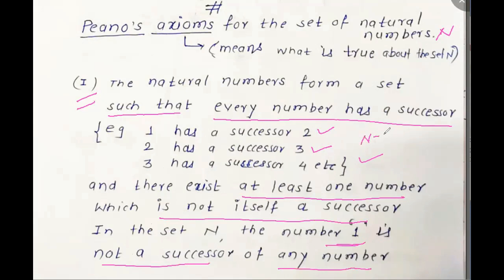Because the set of natural numbers begins with 1. 1 has a successor, 2, 2 has a successor, 3, 3 has a successor, 4. But 1 is not a successor of any number. This is Peano's first axiom for the set of natural numbers: every number in N has a successor, and there is one number in N which is not a successor of any other number.